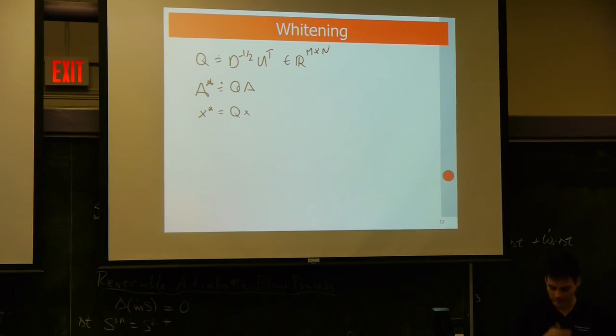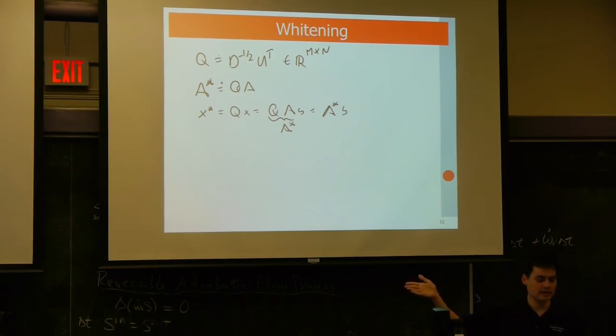So X star is Q times X, which is Q times A times S, right? And I will just say that this matrix is A star. So now I have a new ICA problem where the original independent sources S are the same, but I have a new mixing matrix A star. And why is this good for us? Any guess?